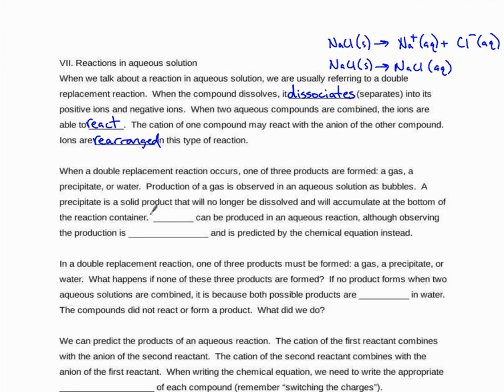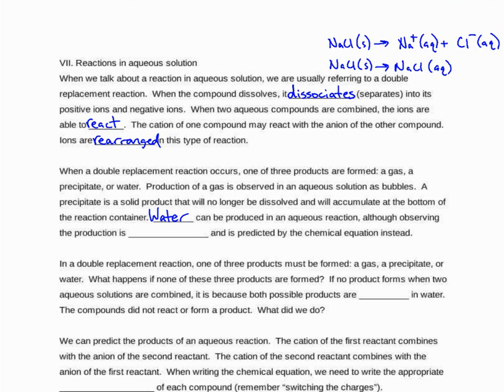The third thing, water, which we didn't talk about earlier in observing chemical reactions. Because we have a problem here. We have two compounds dissolved in water, and when they react, they create more water. We're not going to be able to see it. We're not going to be able to measure it.